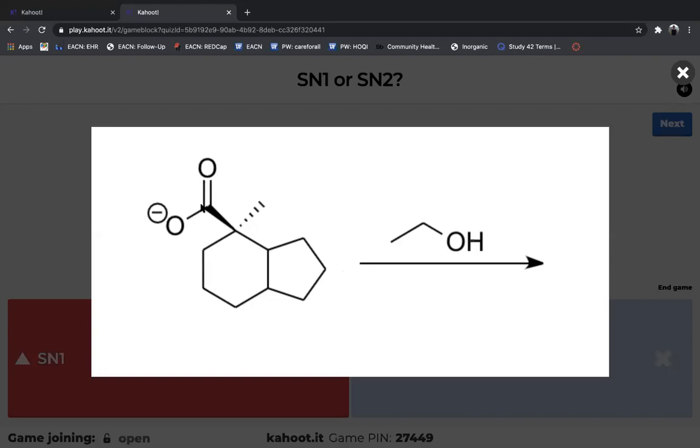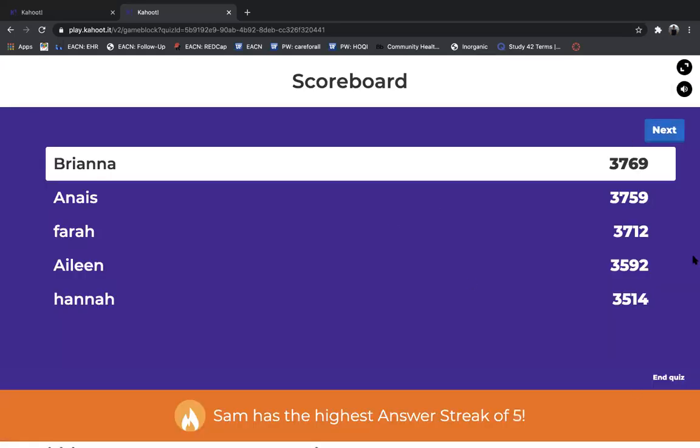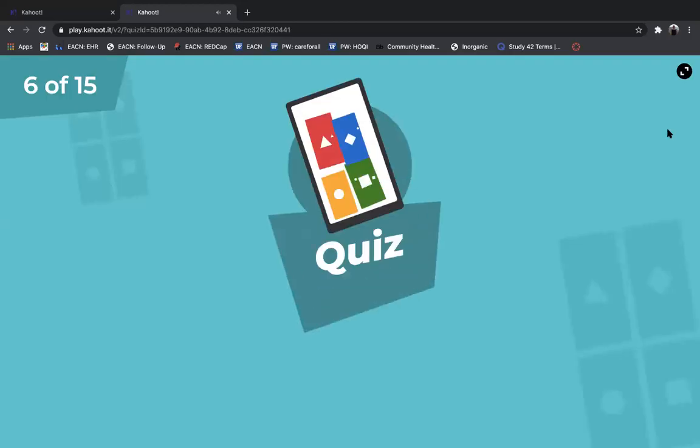Okay, so CO2 just goes away. Then you're left with a carbocation at that position. And now, since that group left, we are able to have nucleophilic attack at that center. And then we get this ether product. So it's Sn1, okay? Anytime you see crowded things, it's Sn1. If you don't see crowded things, it's Sn2. Okay. Good job, everybody. Sam, you're on fire.